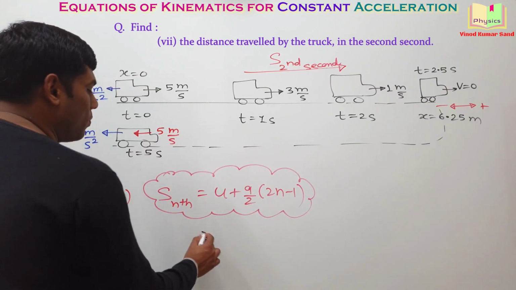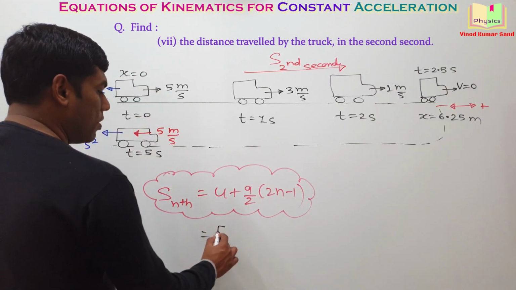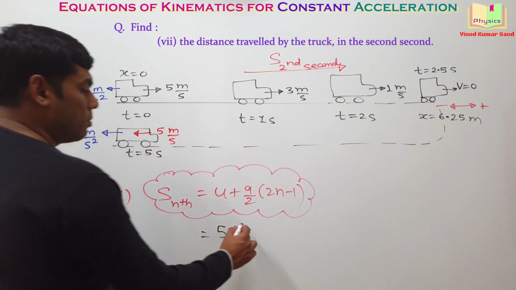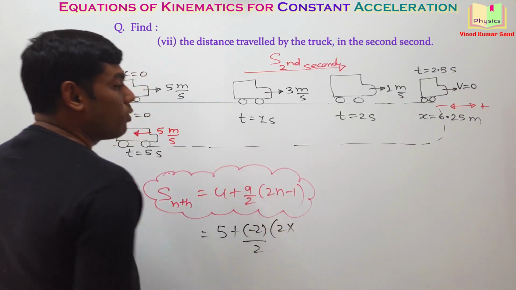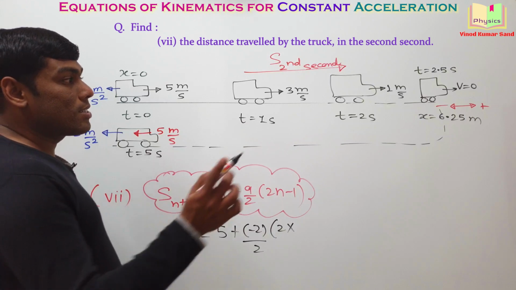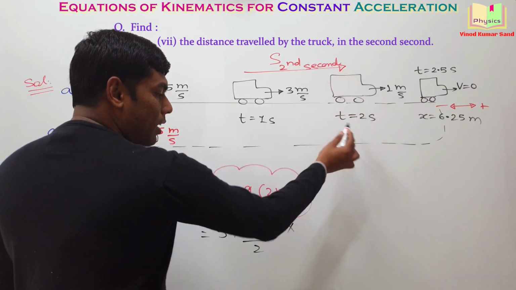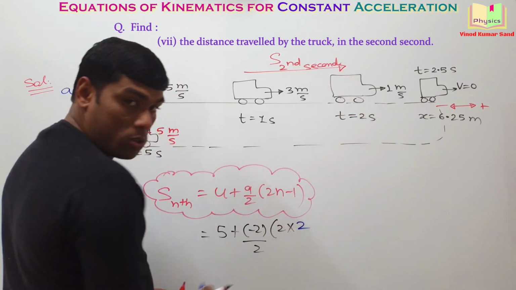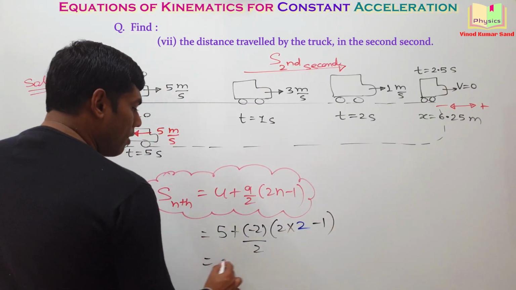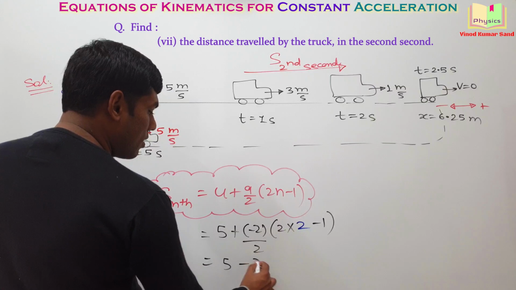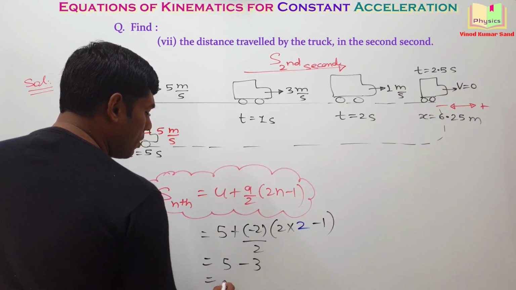Put up the values now. u was 5, acceleration was minus 2, divided by 2, into 2n minus 1. Distance traveled in the second we require, so n will be 2. It's a simple calculation. 5 minus 3, so the answer comes out to be 2 meter.